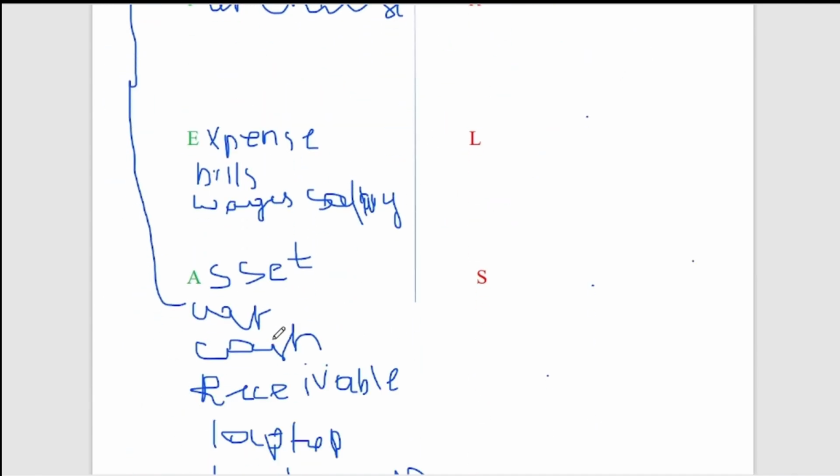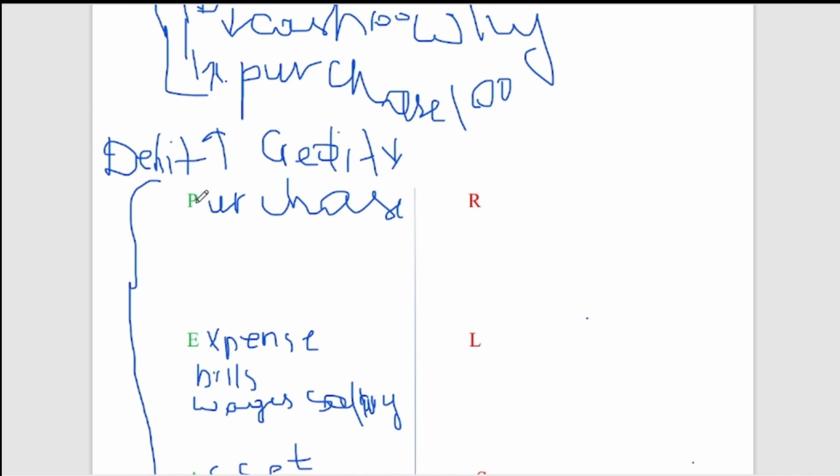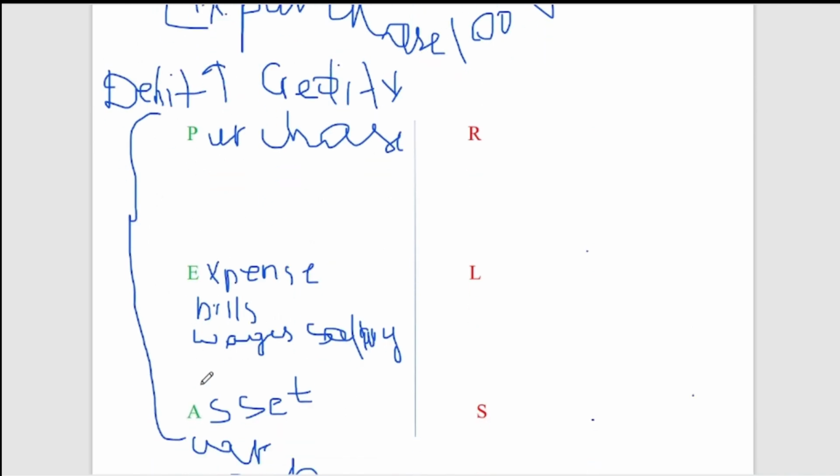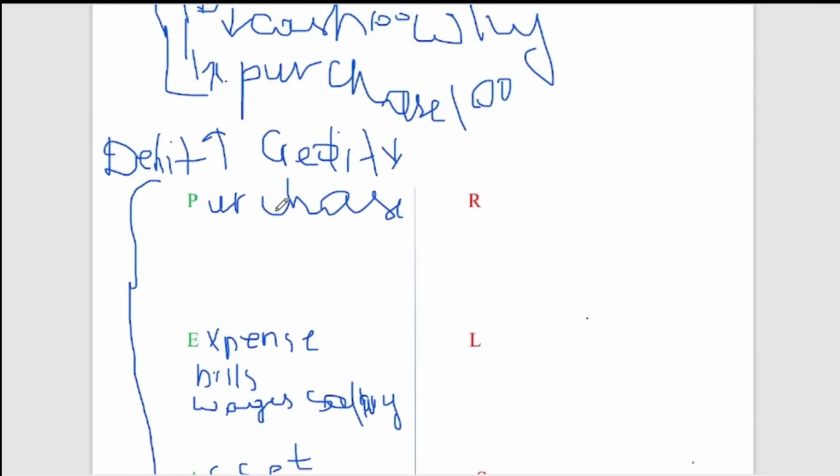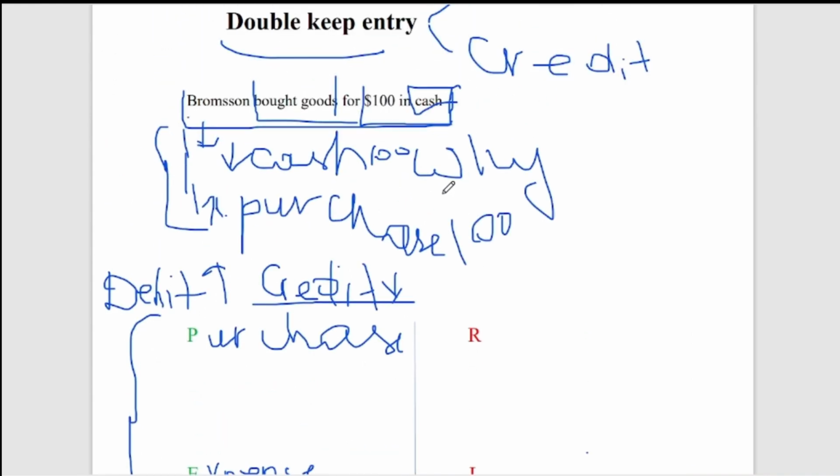And cash is our asset. If any component on this side decreases, it is our credit. That's why while making transactions, we have to write credit for this transaction instead of this symbol.